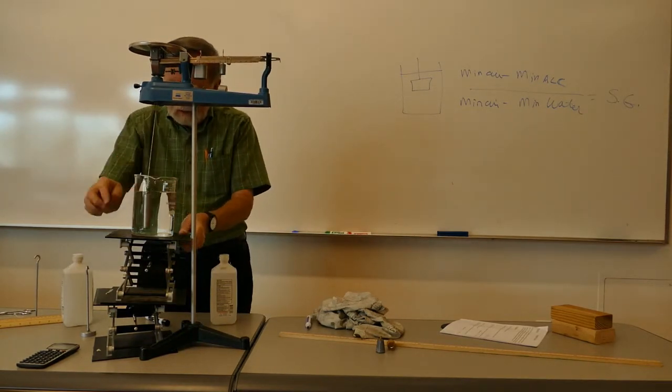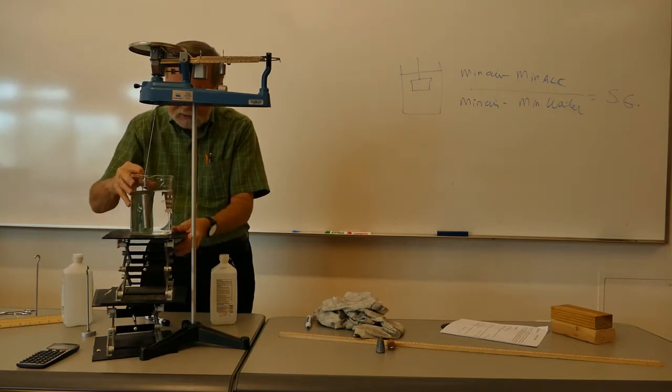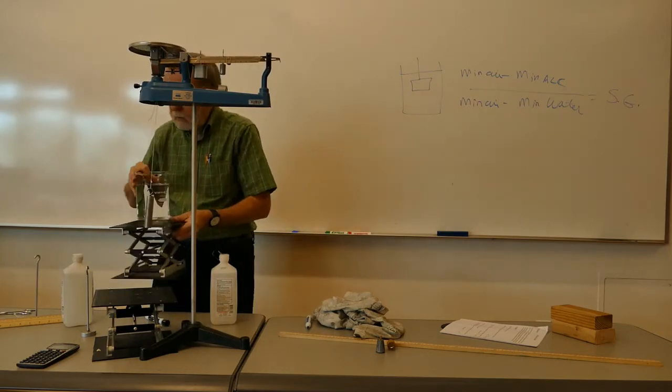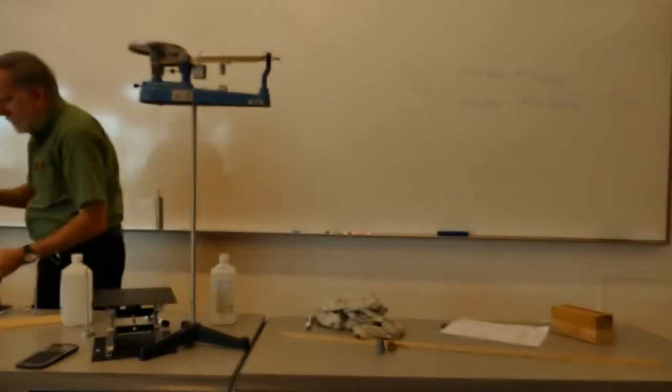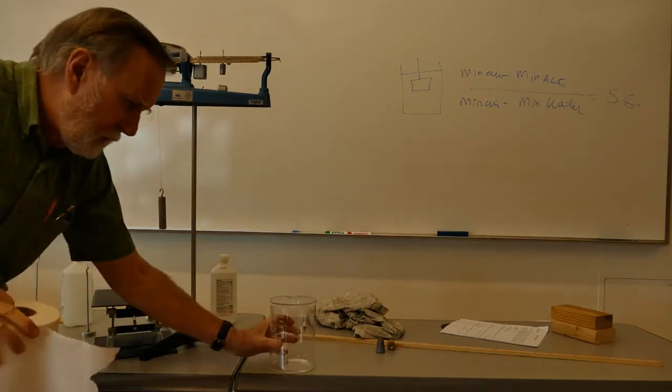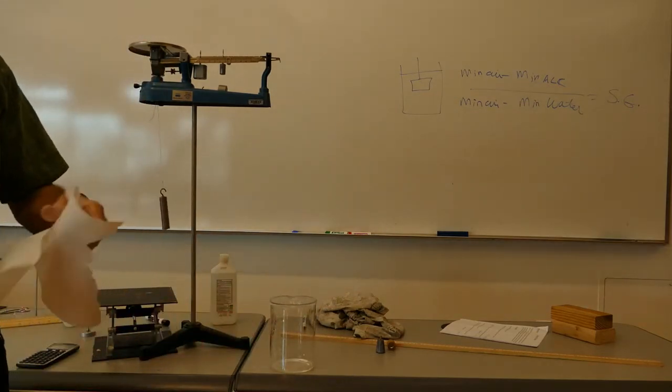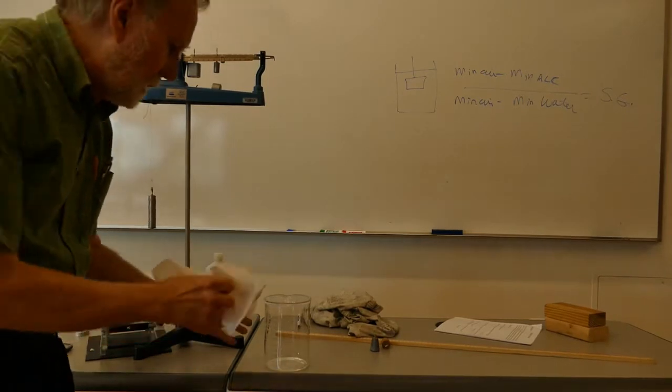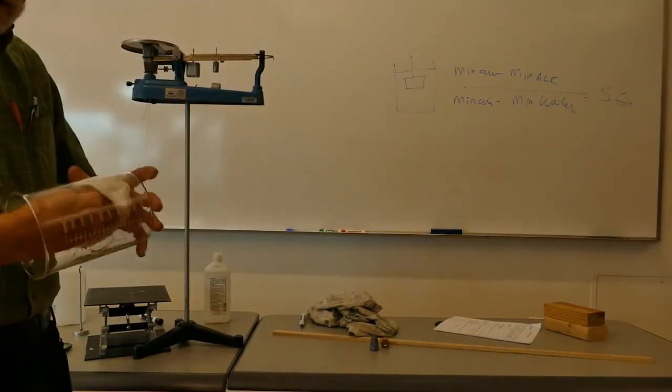So what we're going to do is actually do that. I'm going to dump the water out and replace it with alcohol. But I'm going to try to carefully wipe out the beaker so that we don't contaminate the alcohol. We're going to try to save it.